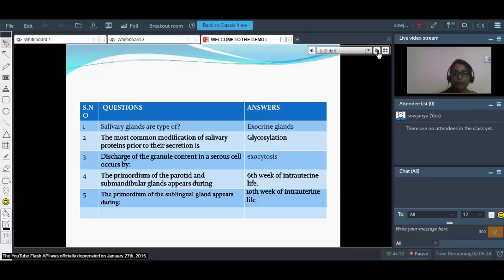Exocytosis means the secretion of the substance is carried out from the cytoplasm through the plasma membrane. The next question: the primordium of the parotid and the submandibular gland appears during the 6th week of intrauterine life. The primordium of the sublingual gland appears during the 10th week of intrauterine life.